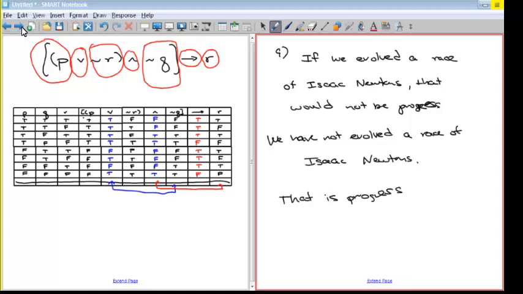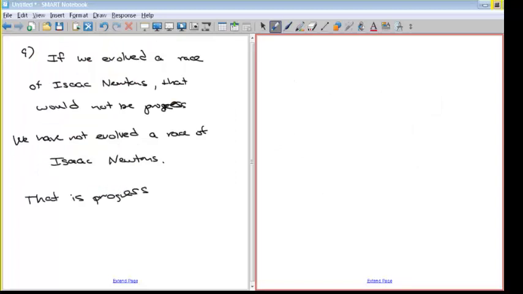Okay, so I'm going to give you this. The next thing you need to do is write down what the statements are. Or actually, we need to write these as if-then statements, if necessary. If we evolve a race of Isaac Newtons, then that would be progress.